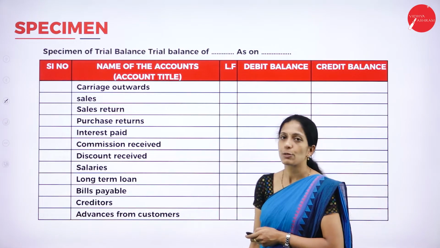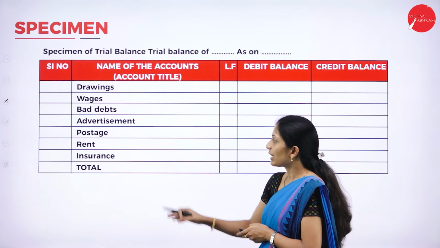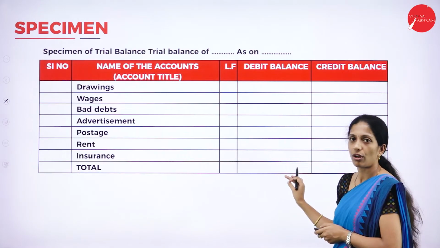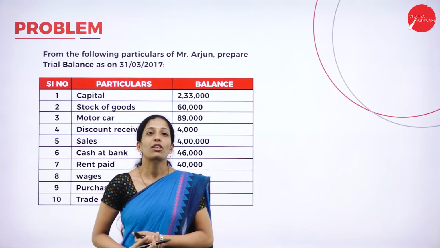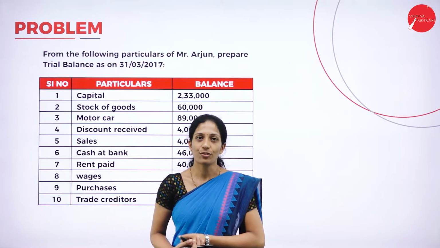So, this is a specimen of trial balance. After that, as usual I have told you, you have to add all the debit balances and add all the credit balances. We shall go through a problem so that you can clearly understand how to prepare the trial balance.